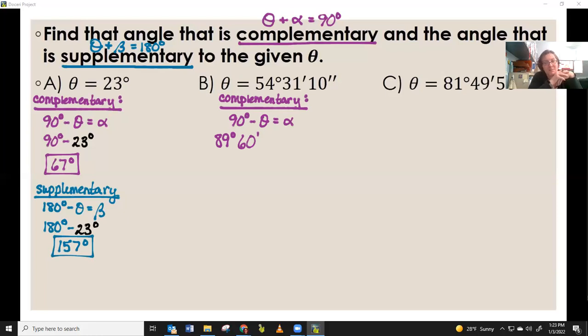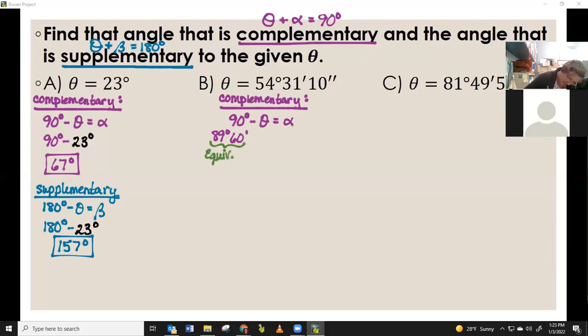But the problem there is that my angle theta is written in degrees, minutes, and seconds. So I'm going to break this down a little bit. Hold on, I'm going to back it up for a minute. 89 degrees, 60 minutes is equivalent to 90 degrees.